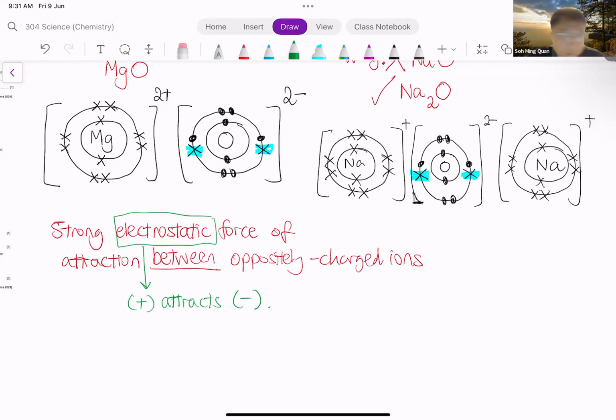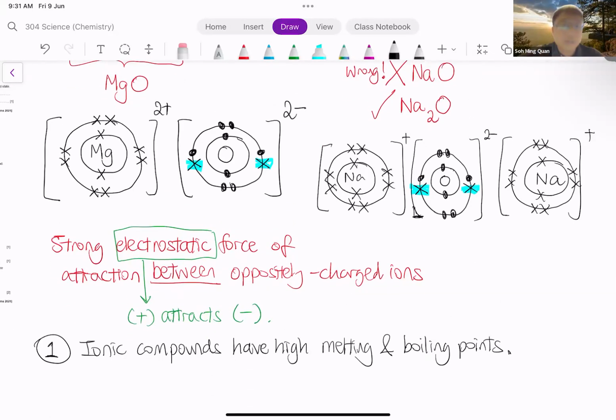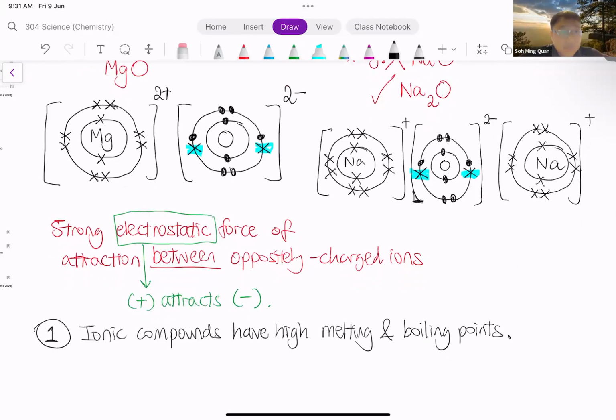Okay. So now that we know it's a strong electrostatic force of attraction between oppositely charged ions, we can begin to explain why ionic compounds have high melting points. Ionic compounds like magnesium oxide and sodium chloride have high melting and boiling points. Why? Because when you want to melt something, you must overcome the forces of attraction. You need to separate, increase the spacing between the ions.